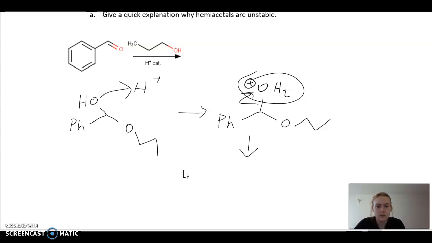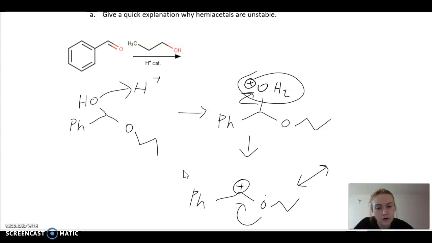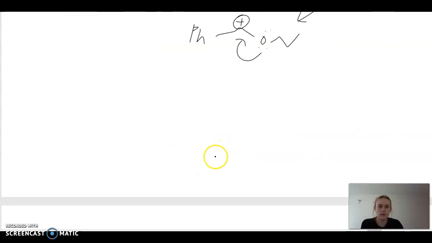The reason it's so good at leaving is not only because it's a great leaving group, but also because this carbocation that's formed has resonance with the oxygen. It's a little messy, I know, sorry. Okay, so there's that.